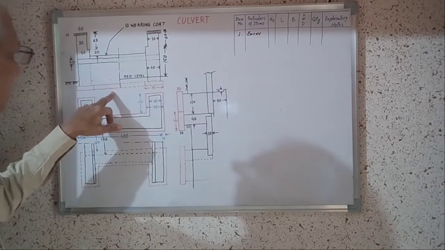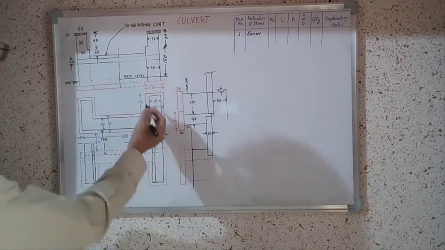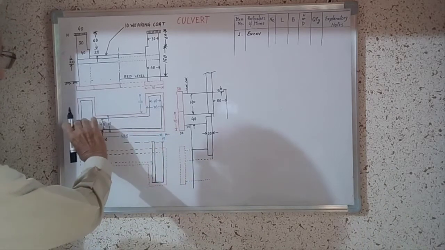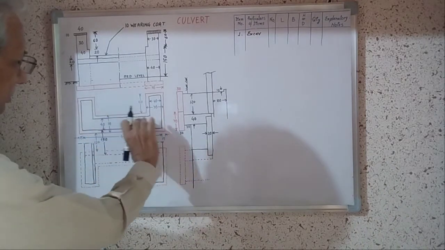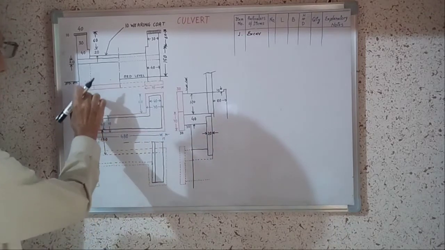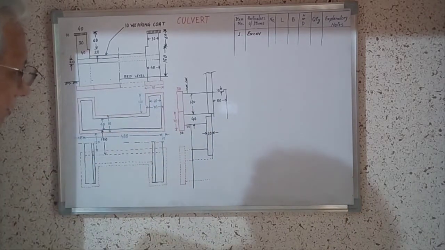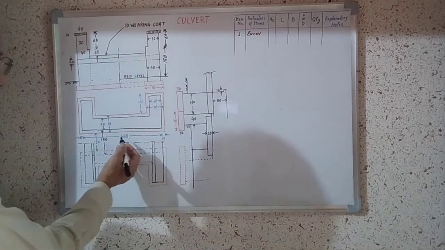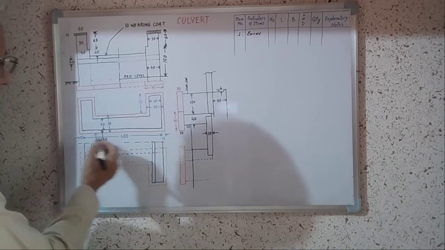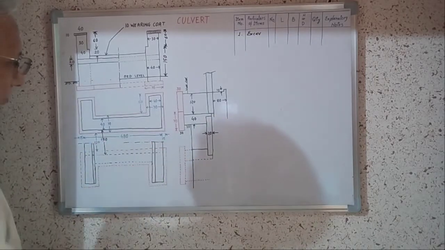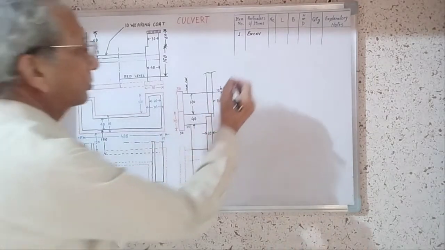Now in this, first we will take abutment. This is abutment, and this is wing walls, but first we will take abutment. Now length. Length will be 480 plus 15 plus 15, 510.